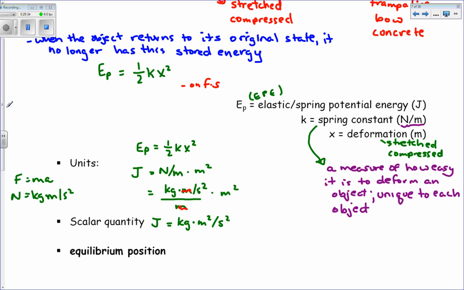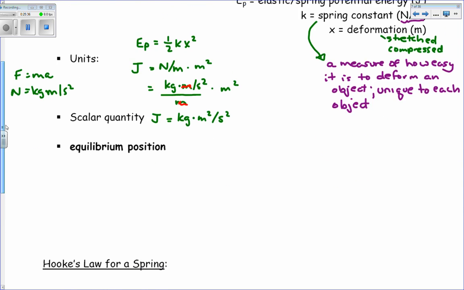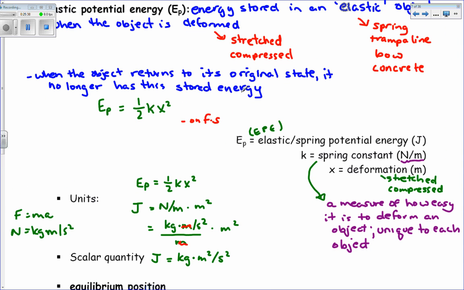Then just a little note on equilibrium position. So equilibrium position is when the object returns to its original state. That original state is called the equilibrium position. Okay.